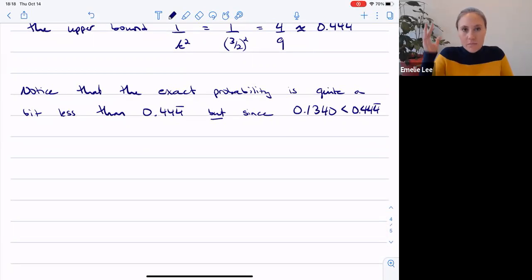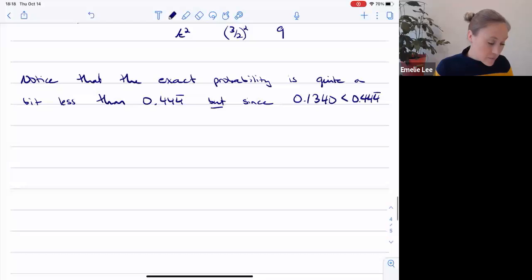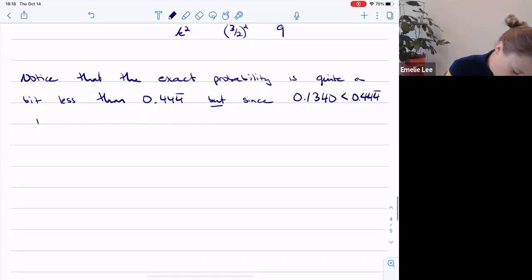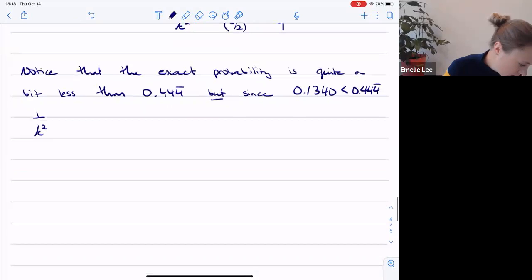It just chops it down so that we're not just, oh, probabilities are between 0 and 1. That's not very helpful. Right now we're saying, okay, we don't really know what it is, but it's no more than 0.44. Okay. That can be useful. So 1 over k squared is indeed an upper bound.